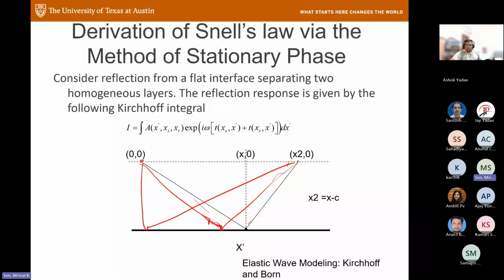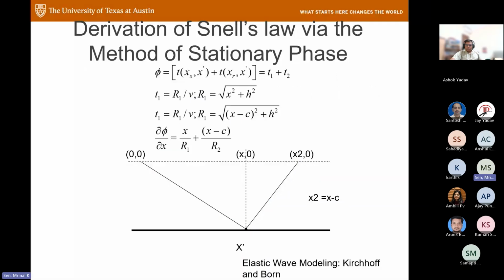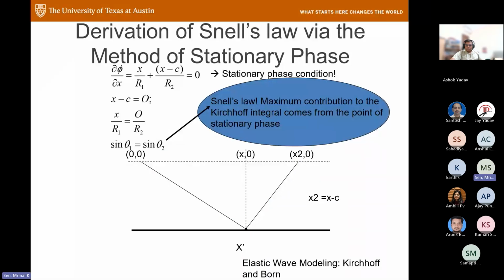So if you look at this particular integral and then do a stationary phase, what you see is that it gives you Snell's law. Sine theta 1 equals sine theta 2, and that is the point corresponding to the stationary phase. Okay.